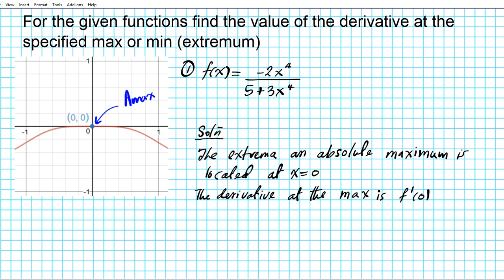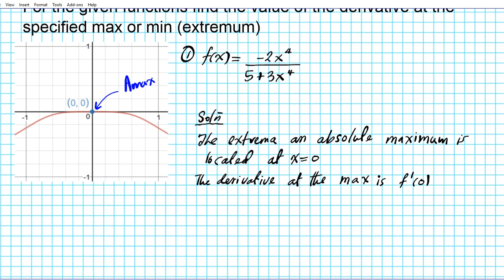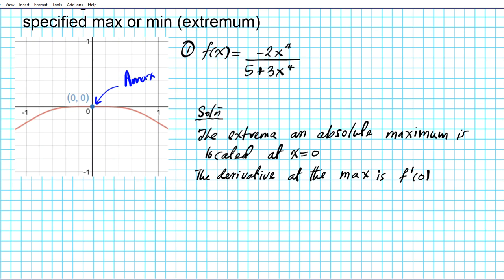So let's look at the steps we use to find the derivative at a point. If you want to find f prime of a, there are two parts to it. Remember to do the calculus part first.